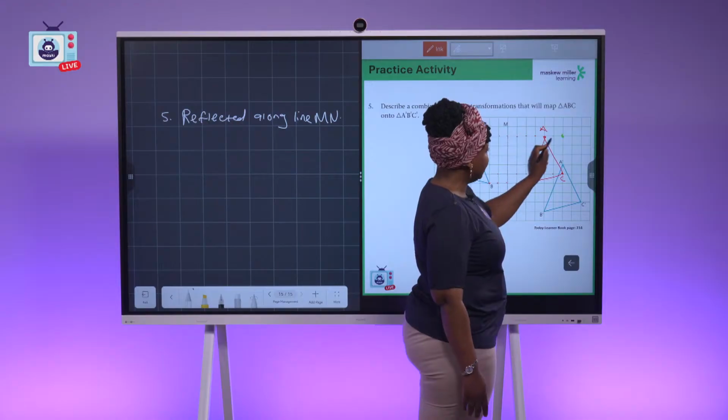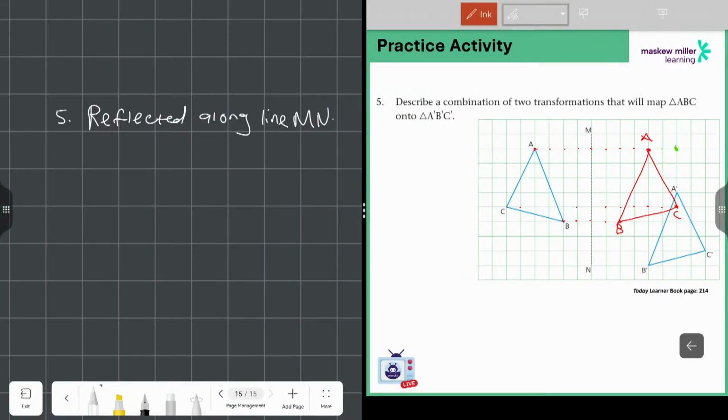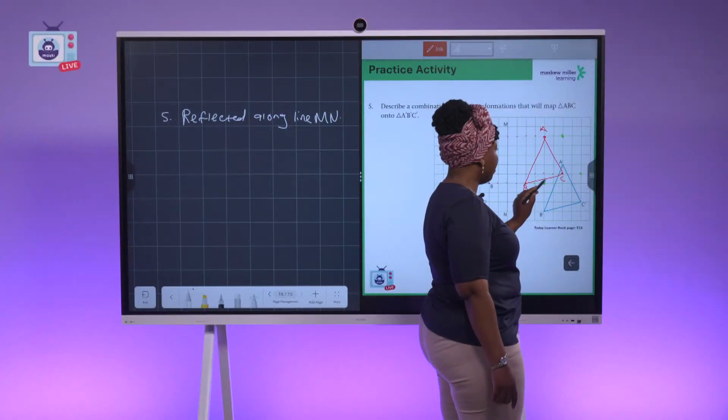But then what I did there, I have to do to each and everything. Remember that the movement I'm making should be the same for the rest. So I have moved 1, 2 to get there. And if I move this one, I will move 1, 2 to get here, which is where C is right now. And then for me to get to where B is, I'll also move 1, 2. Do you see? So that is where my new B is.